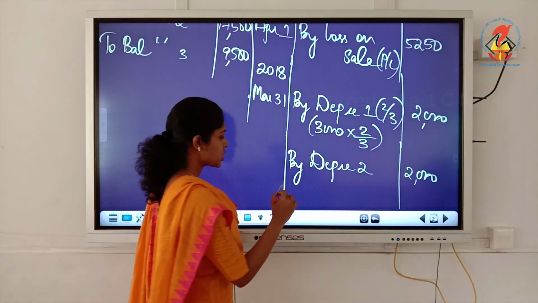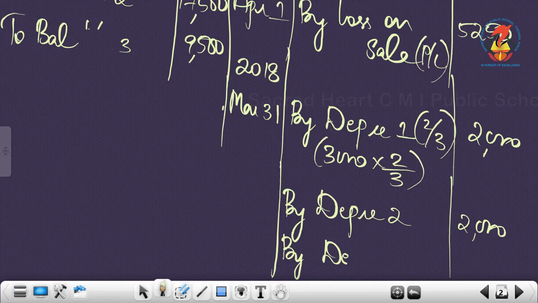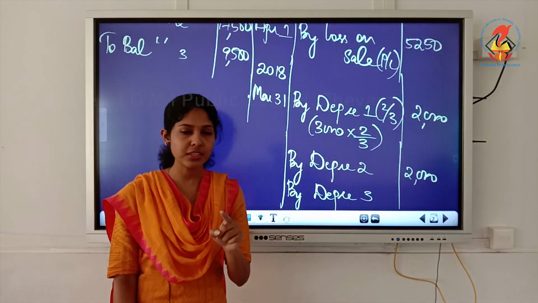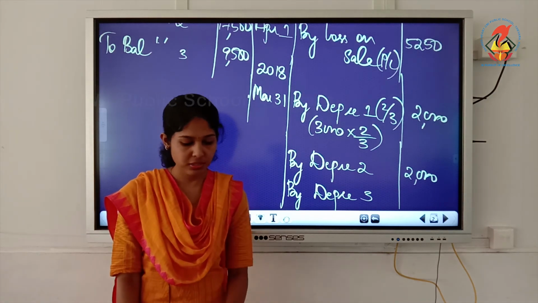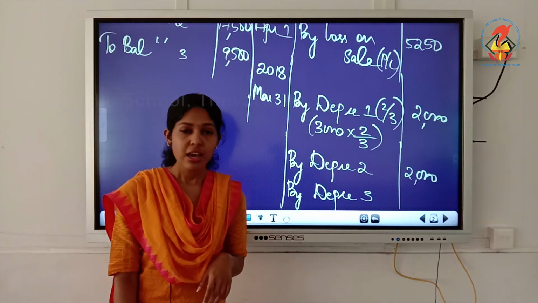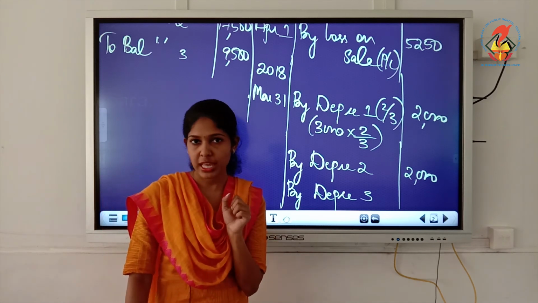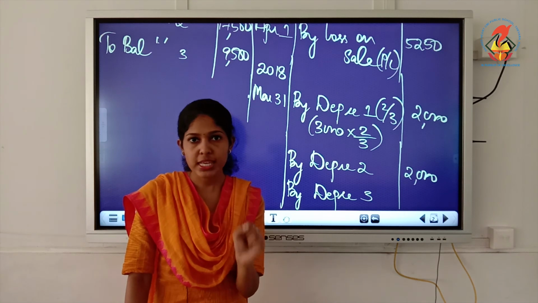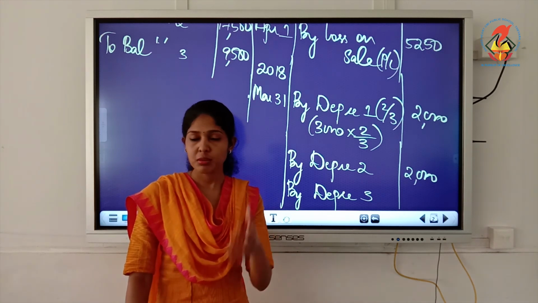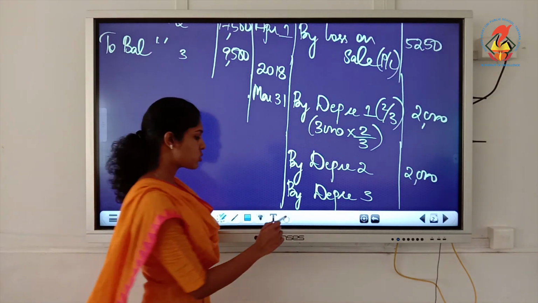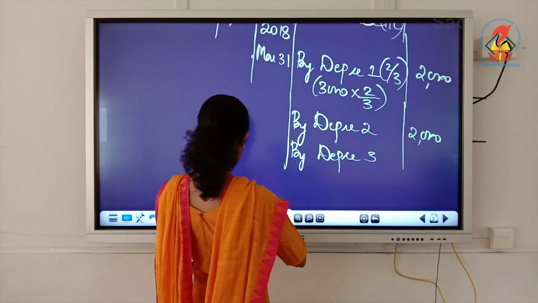Then by depreciation 3, you just see the amount we have written in third year. We have written there not 1000, we have written there 500, and that 500 within brackets we have shown calculation, it is for only 6 months. Now the machinery 3 has completed 1 year, so that will be how much?